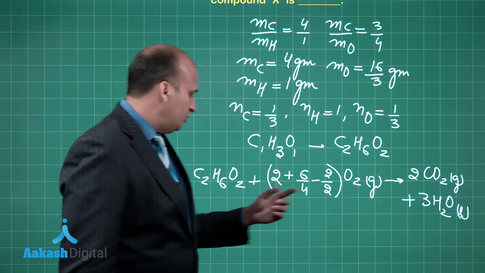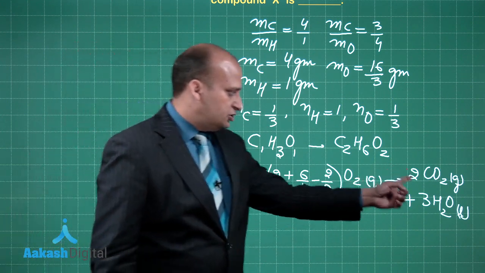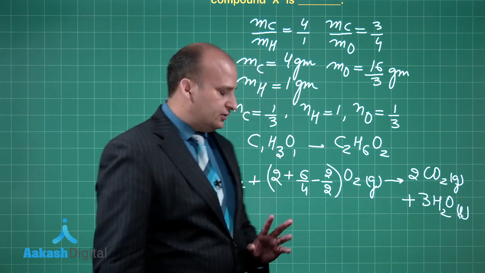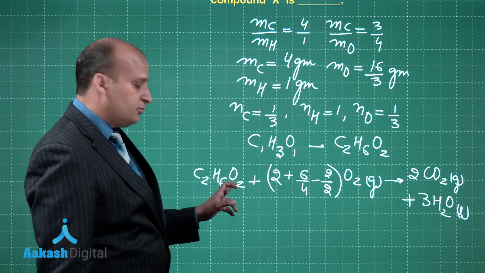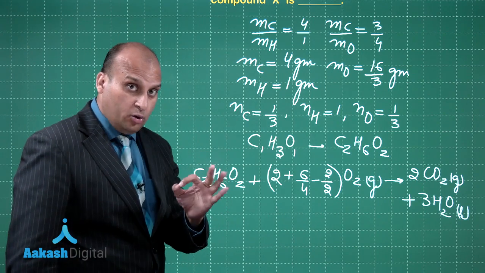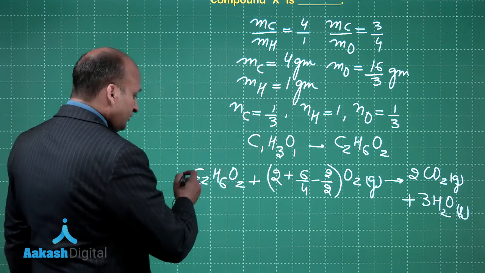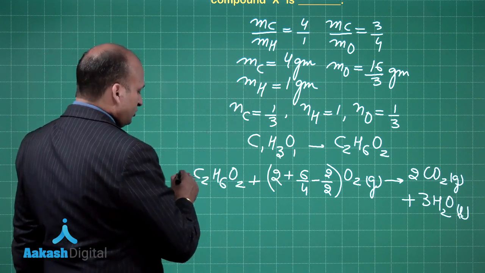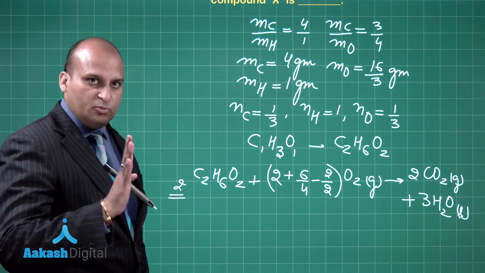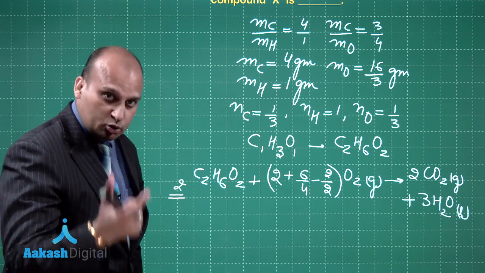First, you write down the whole equation on the basis of carbon and hydrogen. Check over here how many oxygens are there? 4 plus 3, 7. And how many are over here? 2. So, for 1 mole of the compound you require 5 moles of O, that is oxygen. But for 2 moles, as he is asking in this case, the answer should be 5 moles of oxygen gas, 5O2.